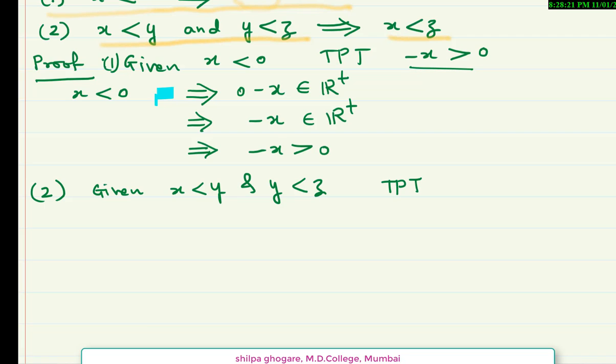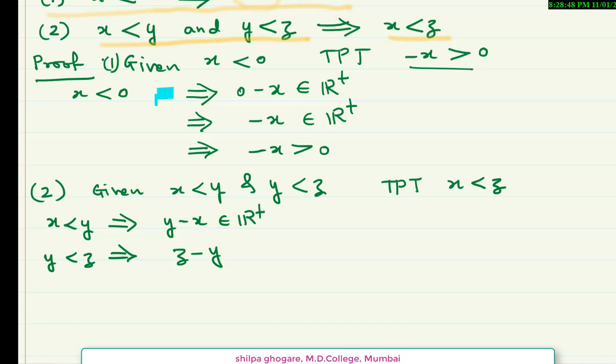And the TPT, which comes after the arrow, is x is less than z. Now x less than y implies, by the definition of less than, y minus x belongs to R plus. Then y less than z means z minus y belongs to R plus.